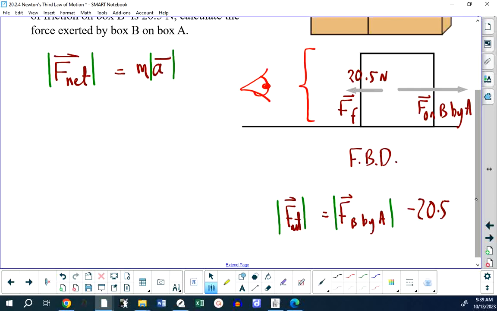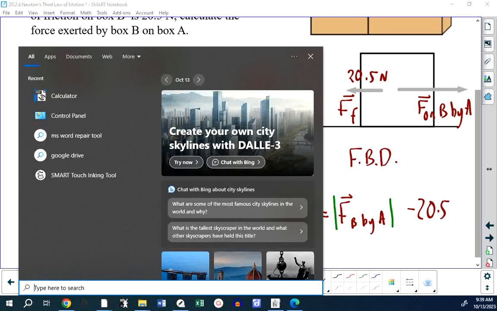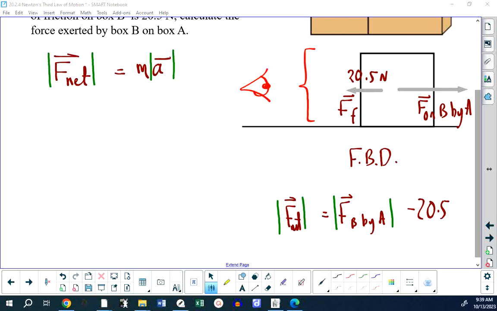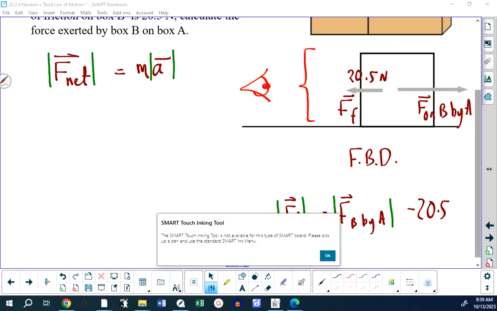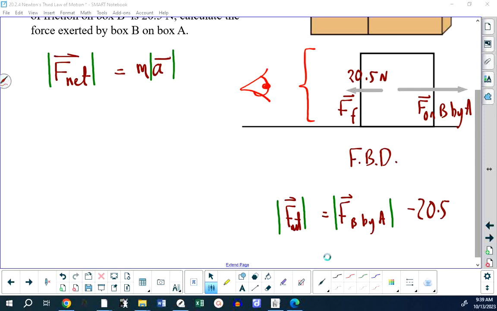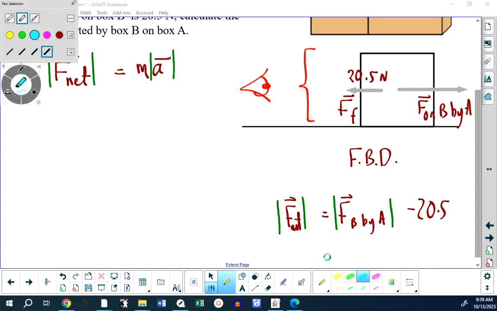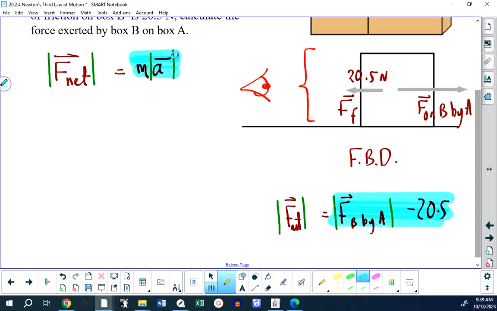But listen, if F net is equal to ma, and F net is equal to this unknown force minus 20.5, then this must be equal to this. So you're kind of marrying together the 2 ways to describe the net force. I can describe it by going ma, or I could describe it by adding the forces.